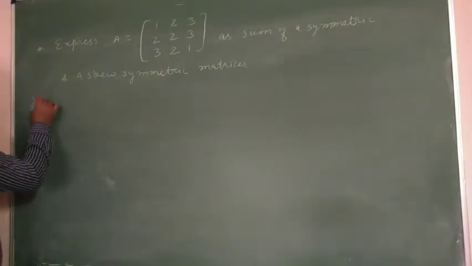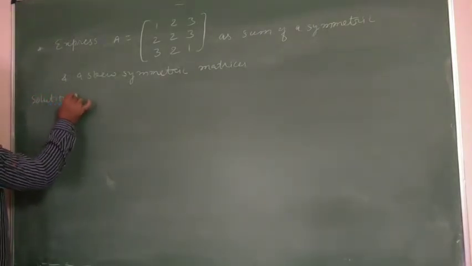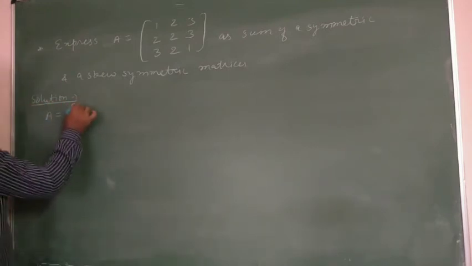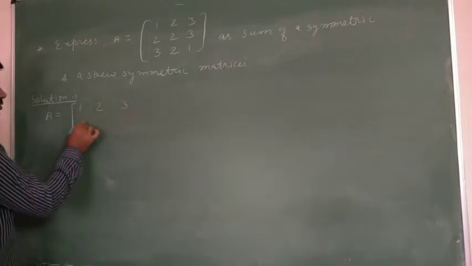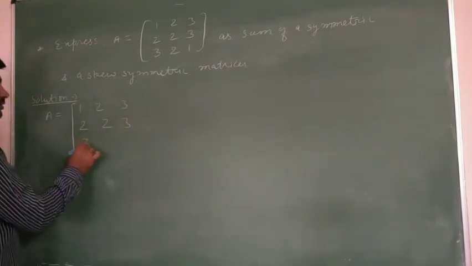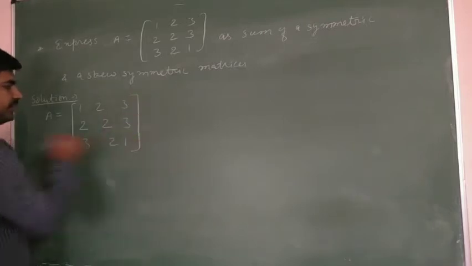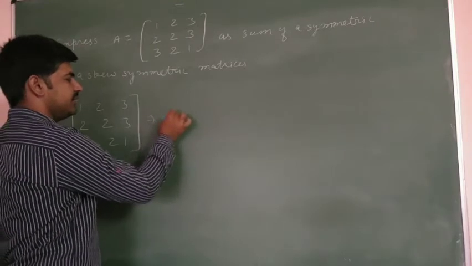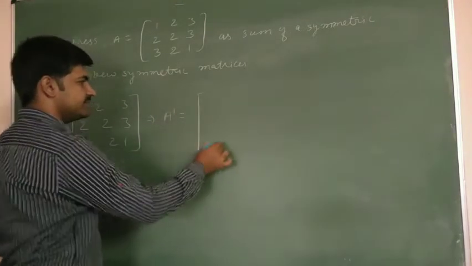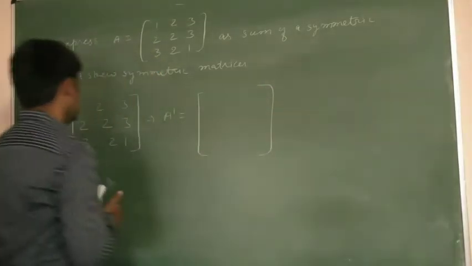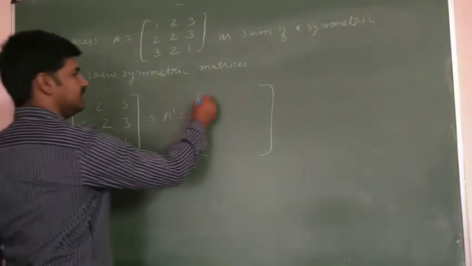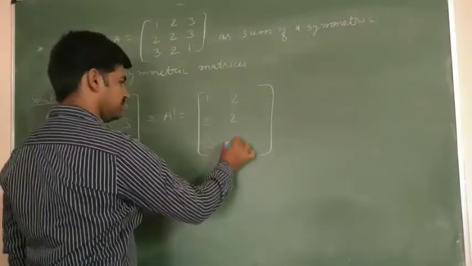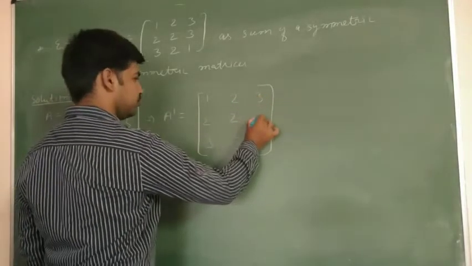The solution. Students, we are given a square matrix A with the elements 1 2 3, 2 2 3, 3 2 1, and with the help of this we will find the transpose of A also, and the transpose of A is 1 2 3, 2 2 3, and 3 2 1.